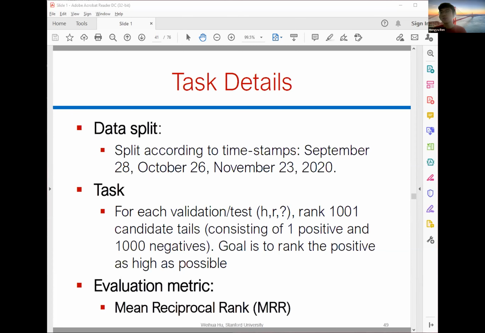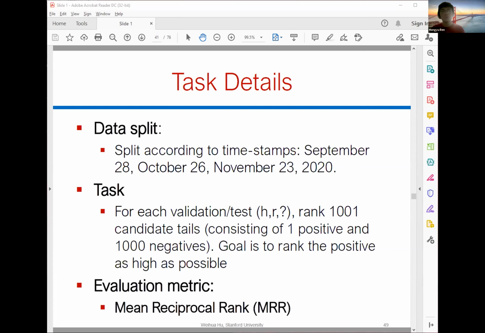The goal is to rank the ground truth node as high as possible among the 1,000 candidates. For the evaluation metric, we use the mean reciprocal rank, which is commonly used in the literature.